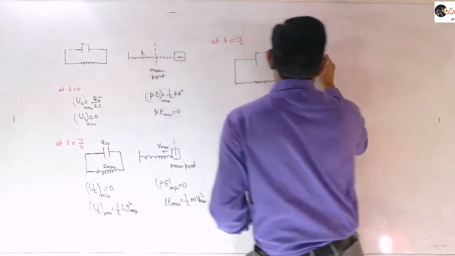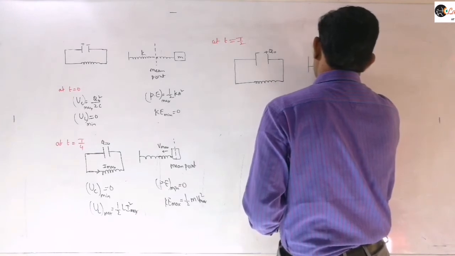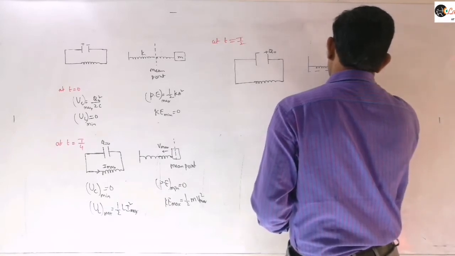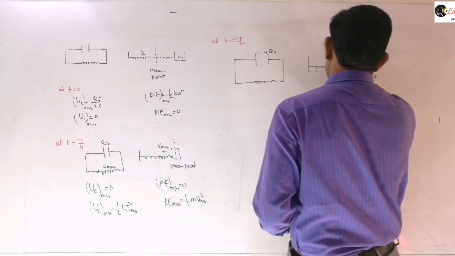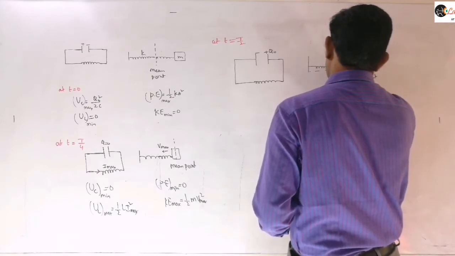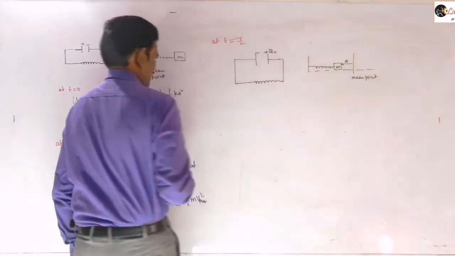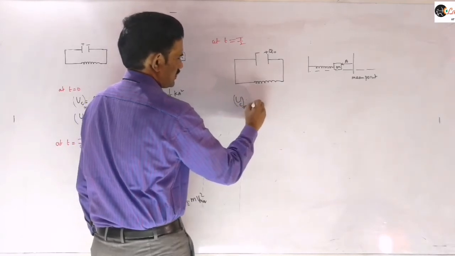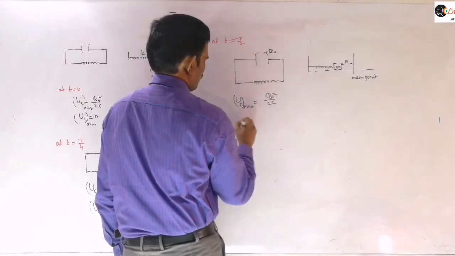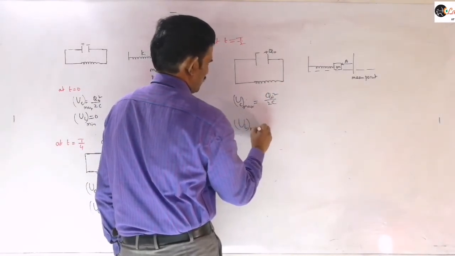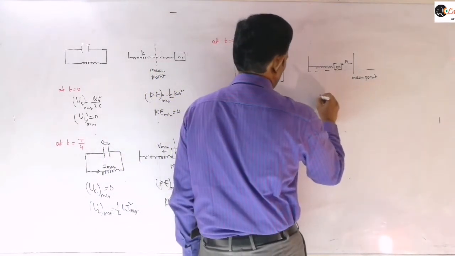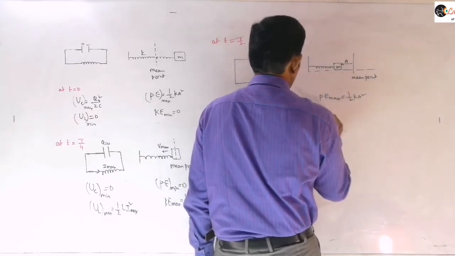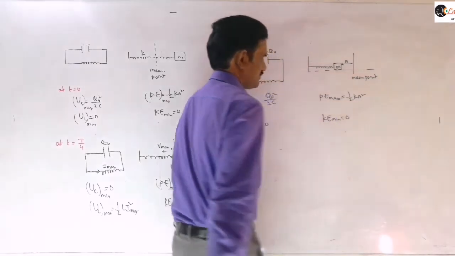In the spring block system, the block is at its left extreme position, and this is our mean position. Again the energy stored in the capacitor will be maximum, q naught square by 2C, and the energy stored in the inductor will be minimum, that is 0. Here the potential energy is maximum, again half k a square, and the kinetic energy will be minimum, that is 0.